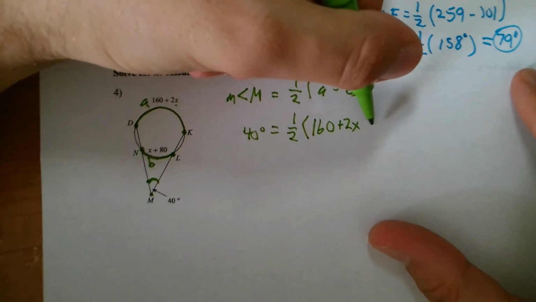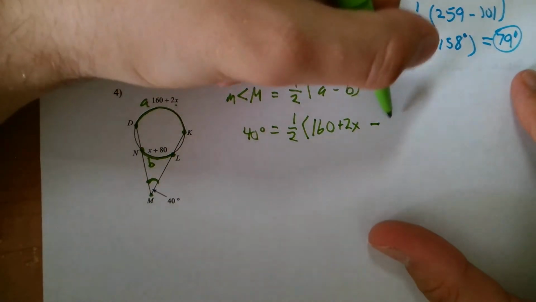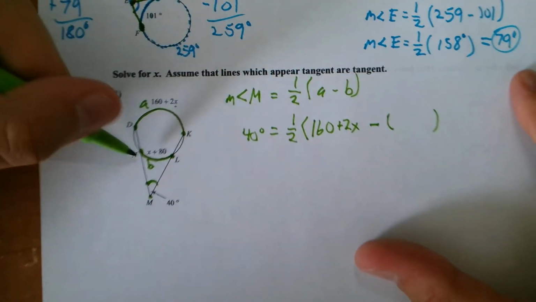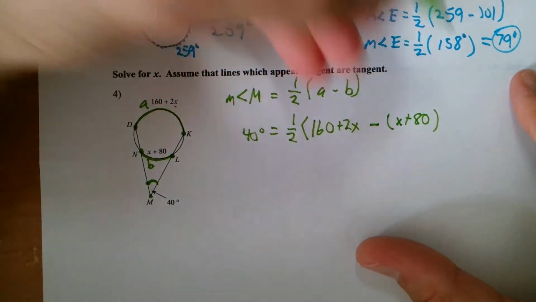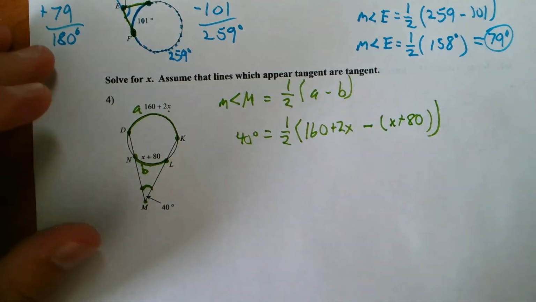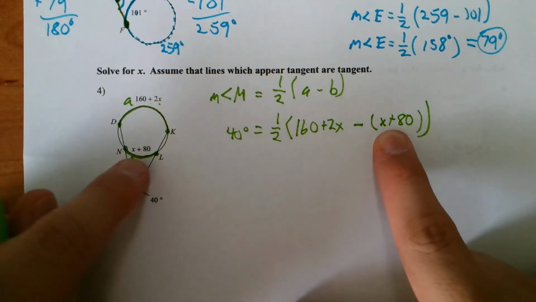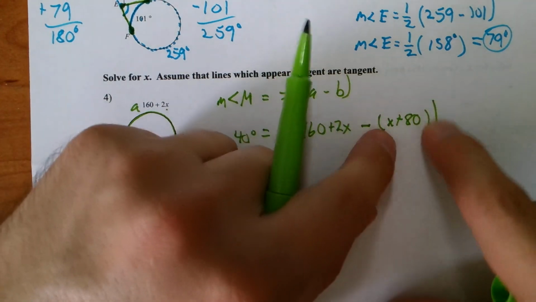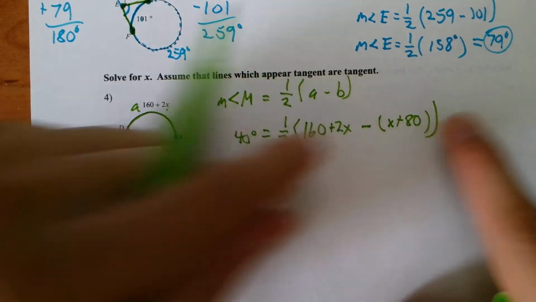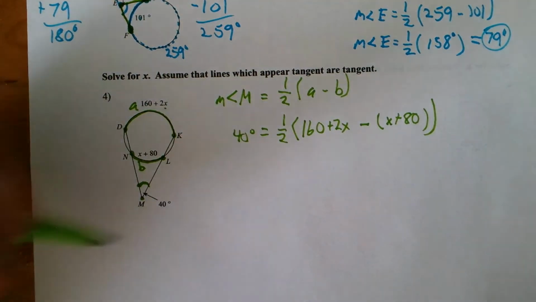And then when I do minus B, B is this little arc, this x plus 80. Make sure that you put that in parentheses. Anytime I'm subtracting something like x plus 80, you always want to put the subtraction sign and then your arc or angle in parentheses. And I'll show you why.